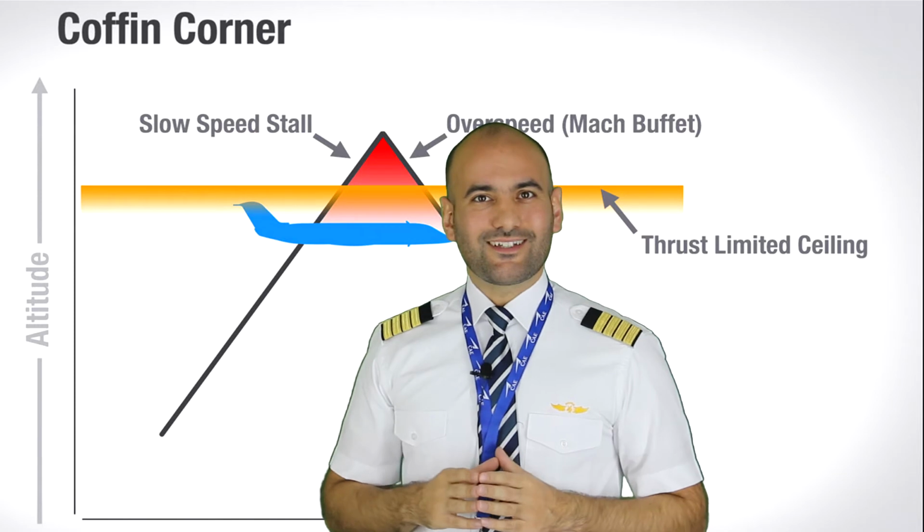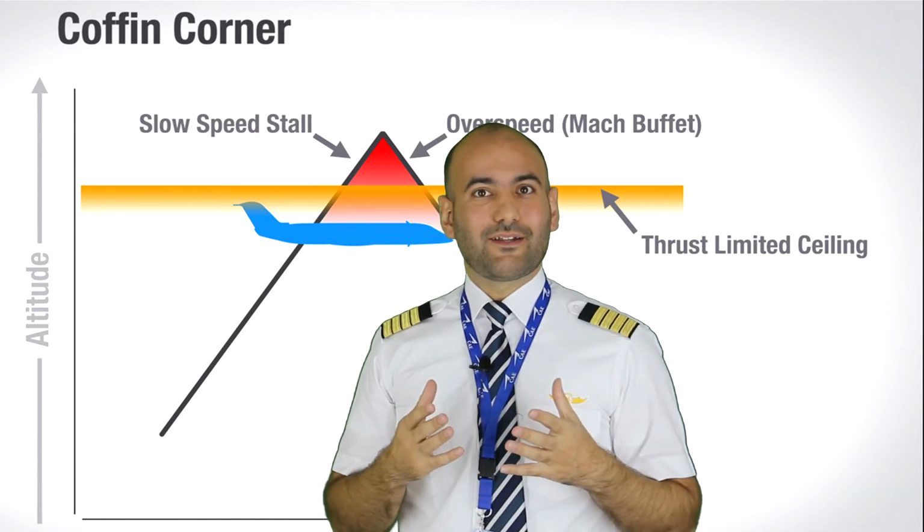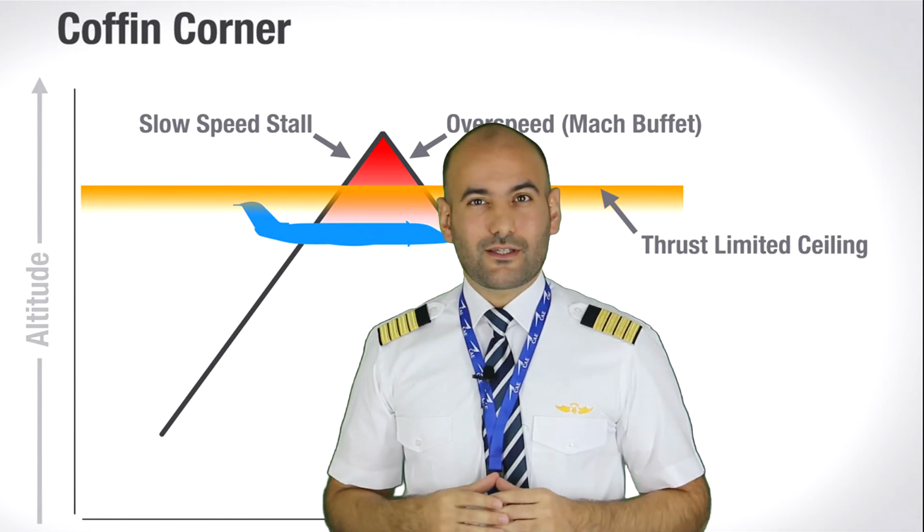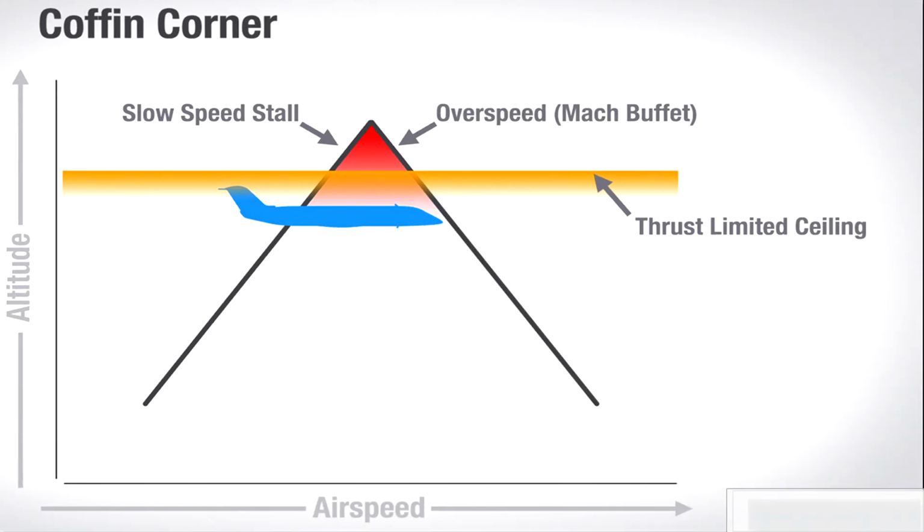I have a question. What will happen to high speed stall speed as altitude increases? We know for low speed stall, as altitude increases, stall speed increases. But for high speed stall, as altitude increases, what will happen? Yes, that is the correct answer.